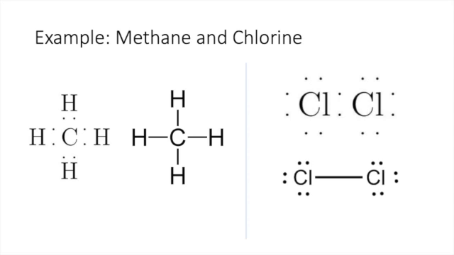And so the best way to look at this is through a couple of examples. So we're going to look at methane and chlorine. And so our first diagram on the left of methane shows the electrons that are in between hydrogen and carbon that are shared. And so if you recall in the periodic table, carbon is going to have 4 valence electrons and hydrogen is going to have 1.